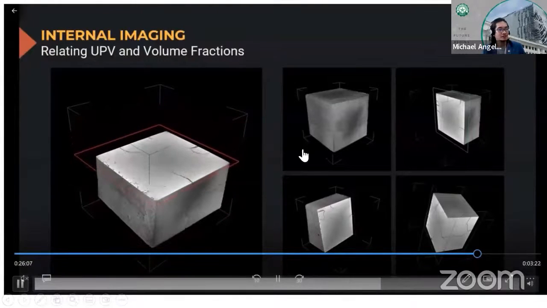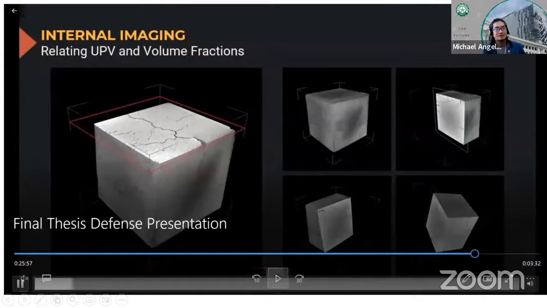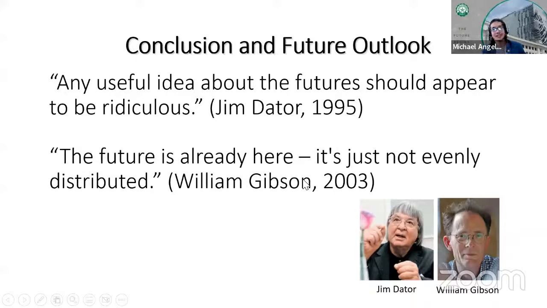So to end my talk, I would like to leave you some insights: if you look at the future, the possibility of trying to see something that is unknown or hidden can ignite our imagination.